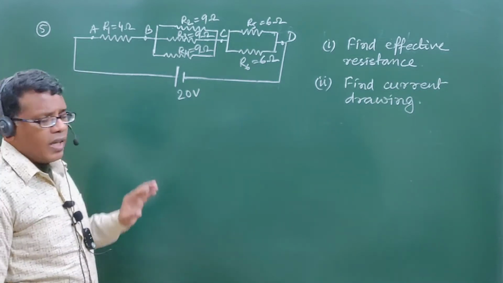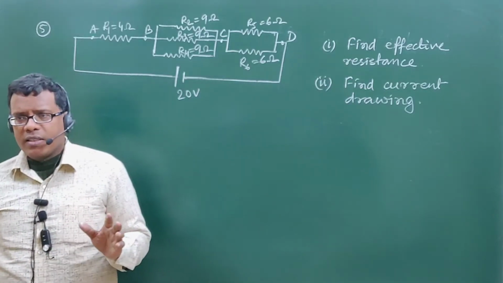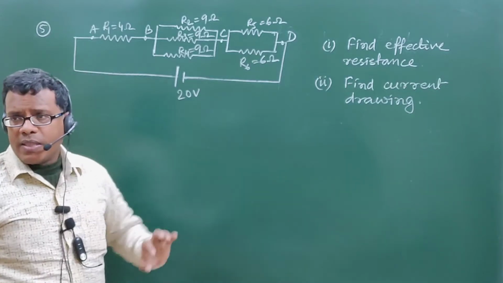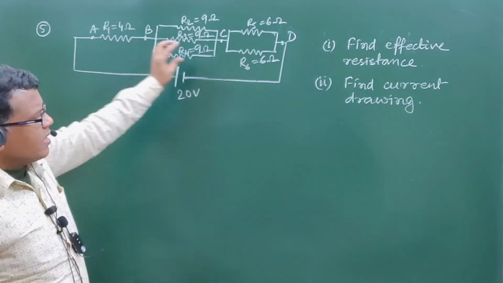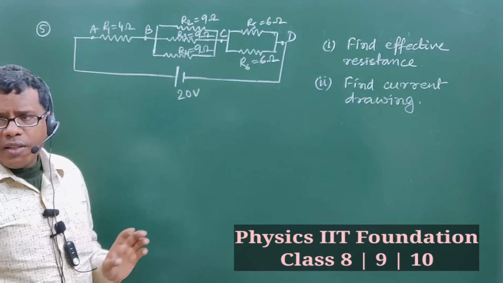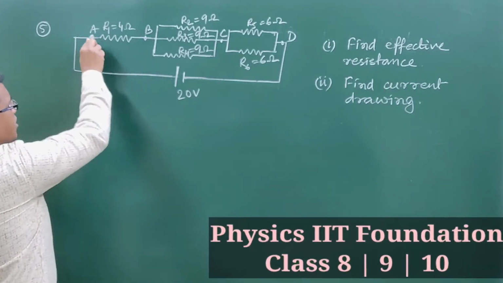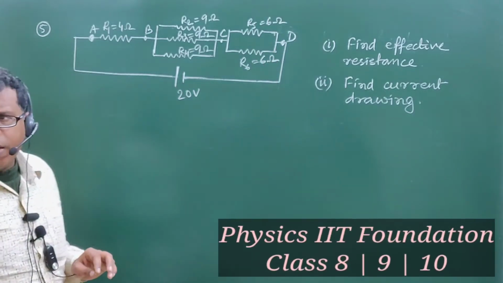In this pattern we can simply calculate the effective resistance of n number of resistors if the network type is like this. See, what is the type? All the resistors I have given in one line only, right? Look at the extreme points A and D: all the resistors are in between A and D only.